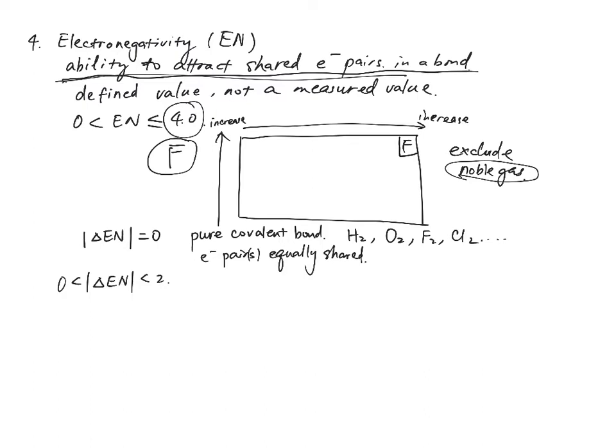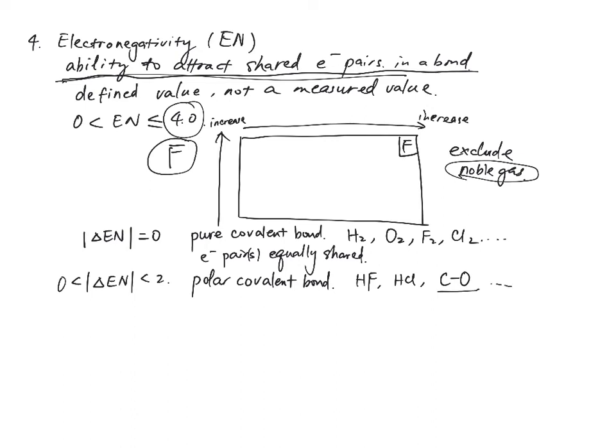But what if their difference is actually pretty small? There is a difference, but it is not crazy big. In that case, the bond we call a polar covalent bond. Things like HF, HCl, the bond between carbon and oxygen.